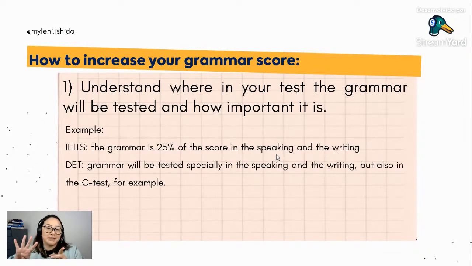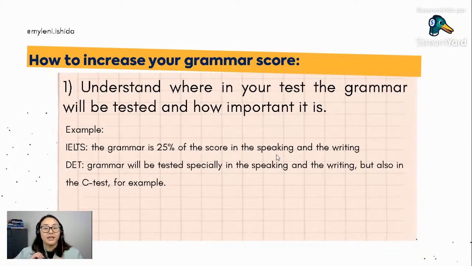So grammar is 25%. In the writing it is the same: grammar, vocab, task relevance, and coherence and cohesion. So the grammar is 25% of the score in your writing and in your speaking. I put only writing there, but it's the speaking as well. So you have to know that.